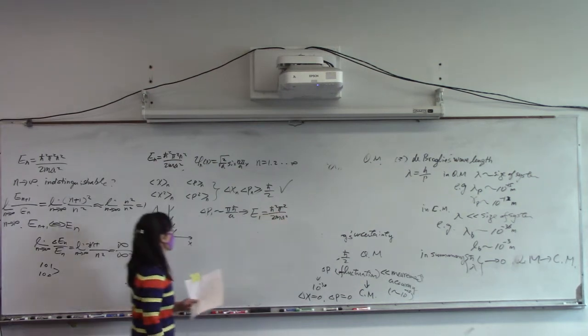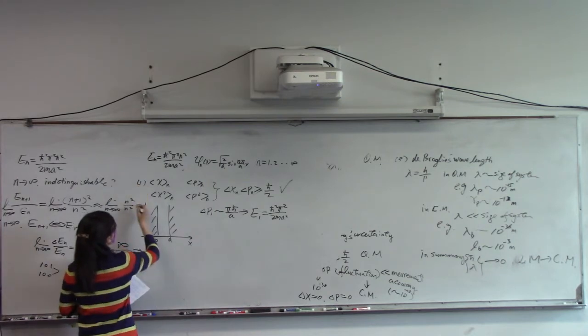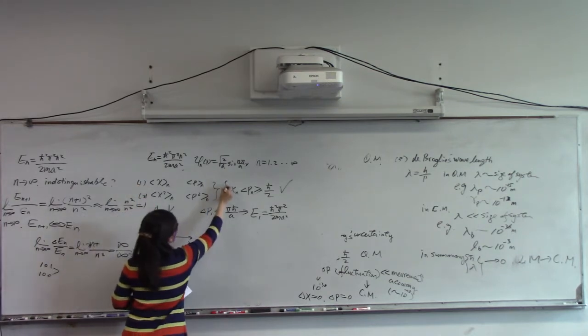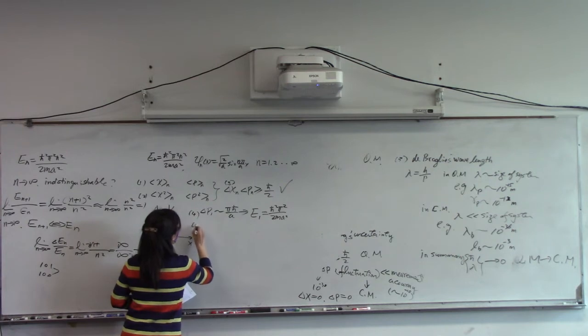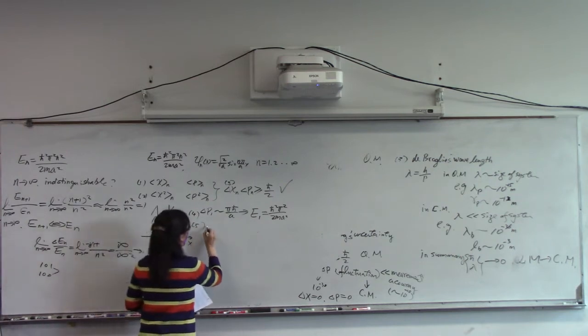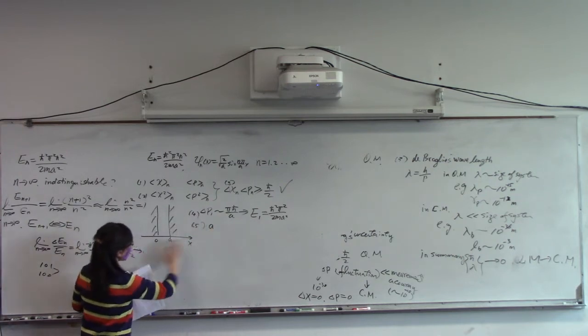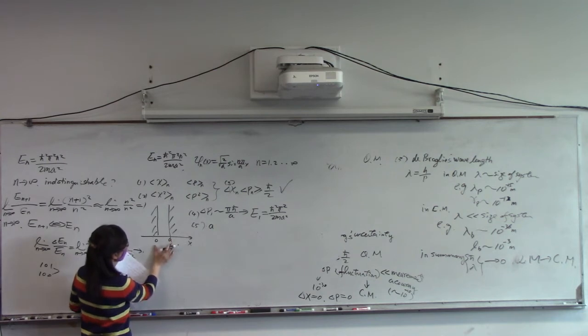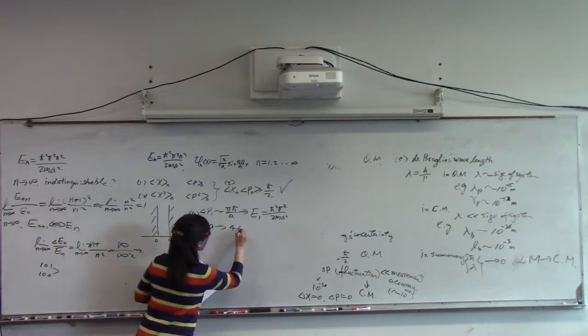Right? That is what we also discussed. 1, 2, 3, 4, now 5. 5 is if we suddenly increase the size of the well from a to 4a.